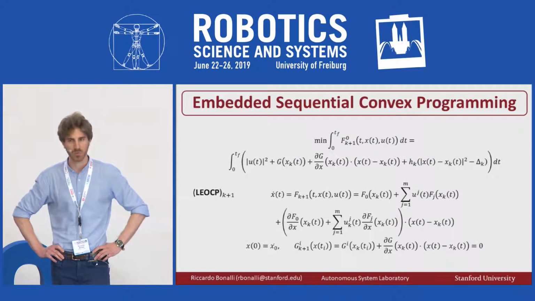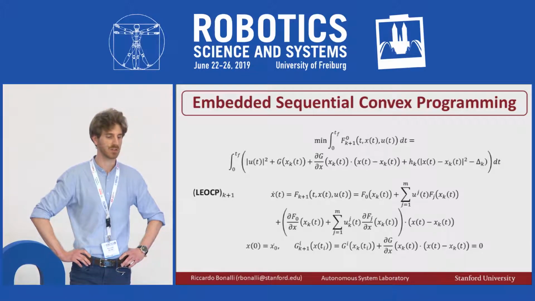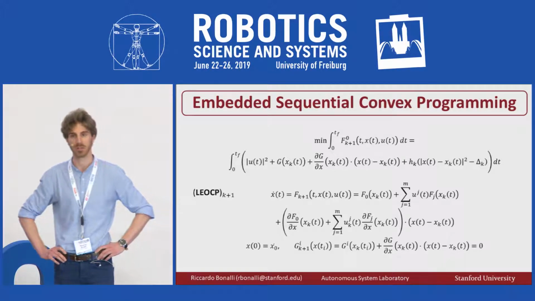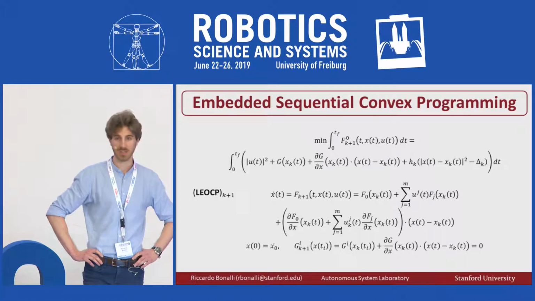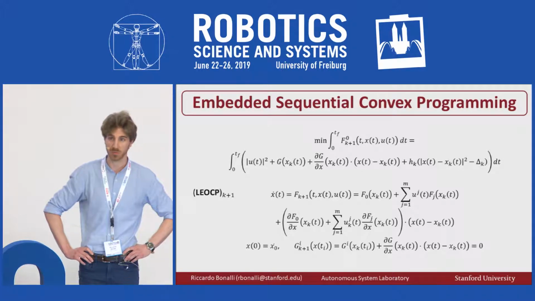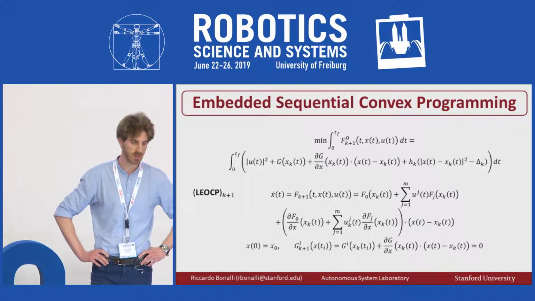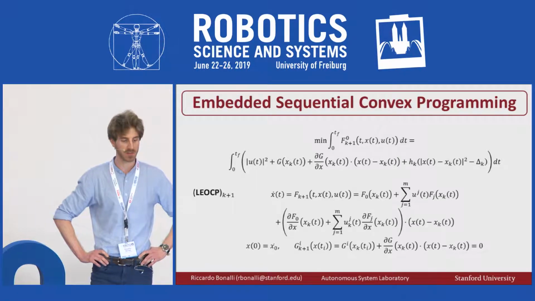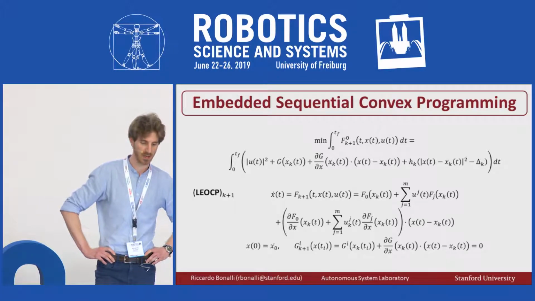At this point, we can adopt standard sequential convex programming techniques in Euclidean space, for which we design a sequence of convex problems that we call linearized embedded optimal control problems, in which we linearize every nonlinear term, both in the cost and in the dynamics.